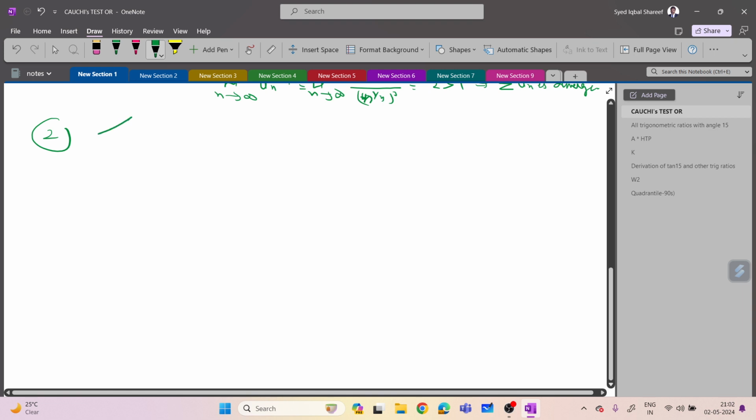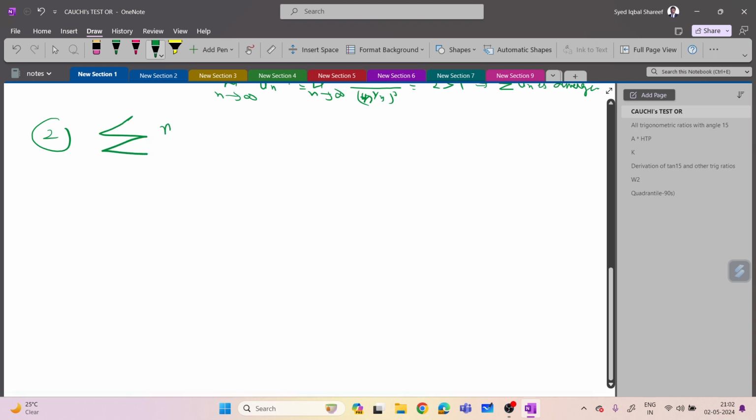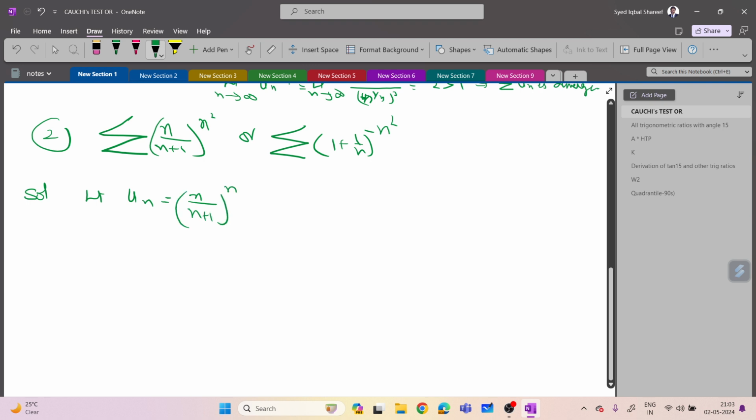Suppose n by n plus 1 whole to the power of n square, or this can be written as 1 plus 1 by n whole to the power of minus n square. Now let un equal to n by n plus 1 whole to the power of n square.